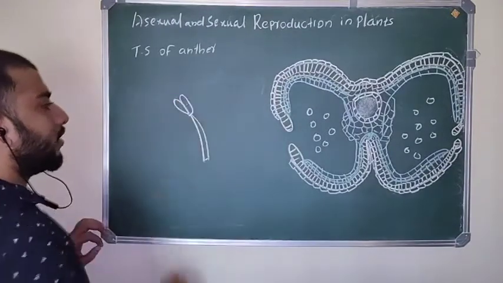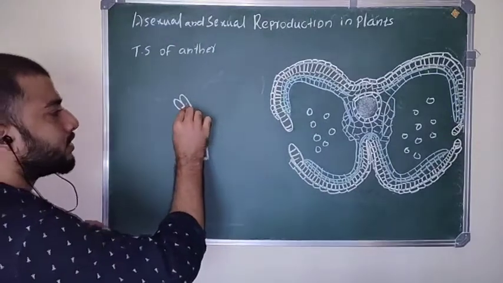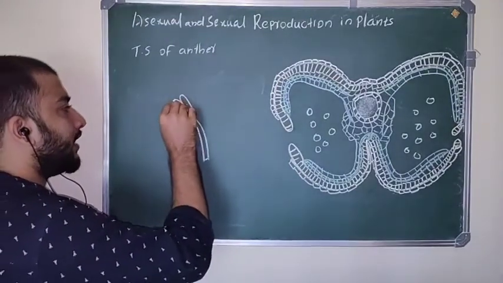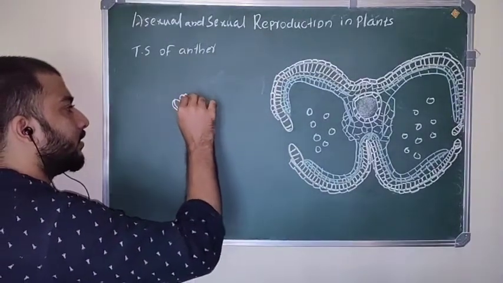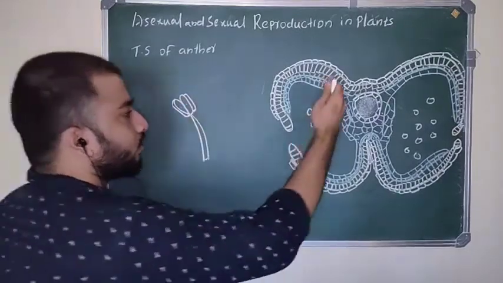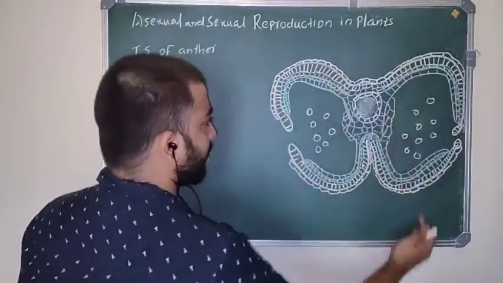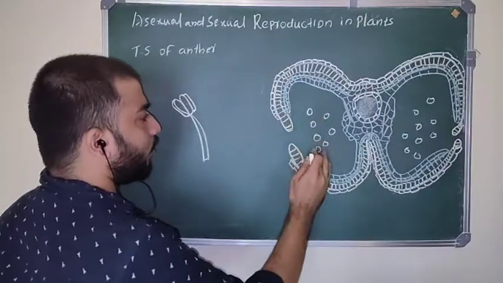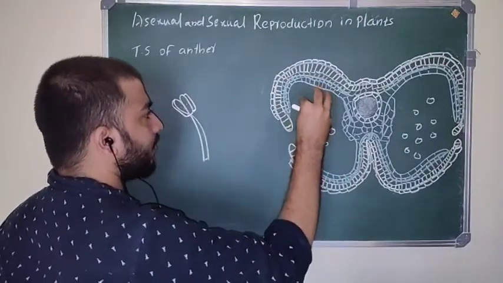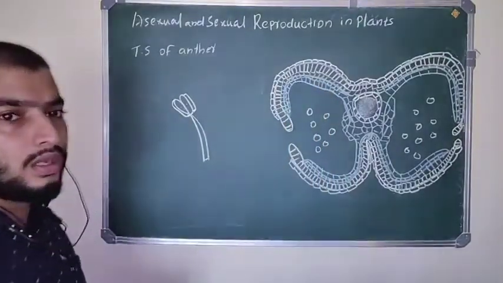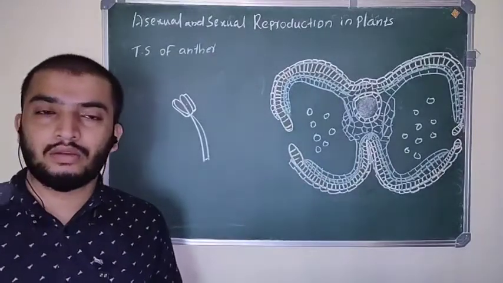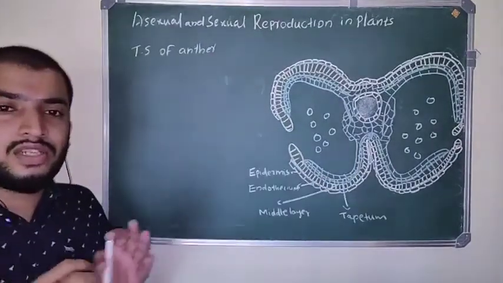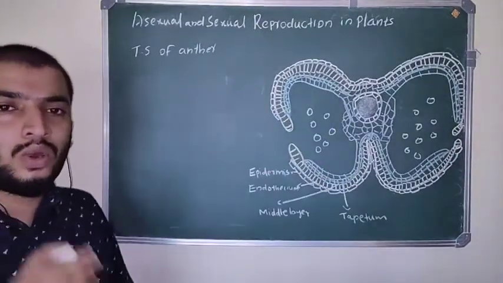There are two anther lobes present, so the anther is bilobed and dithecous. So this is one lobe and this is another lobe, and each lobe has cavities. Those cavities are called microsporangia.